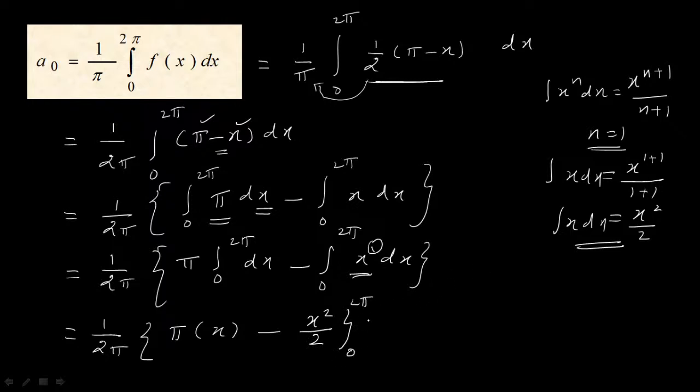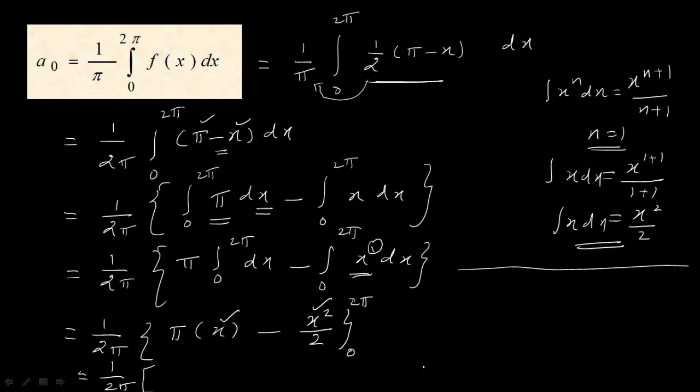What is our next step? Let us substitute the limit. First we have to substitute the upper limit and then we have to substitute the lower limit. So substitute the limit for the x term. If you substitute the limit for x, what happens? That is equal to 1 by 2 pi.